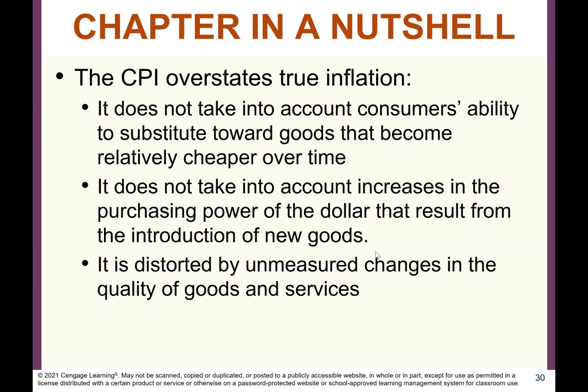It does not take into account consumers' ability to substitute towards goods that become relatively cheaper over time. It does not take into account increases in the purchasing power of the dollar that result from the introduction of new goods. It is distorted by unmeasured changes in quality of goods and services.